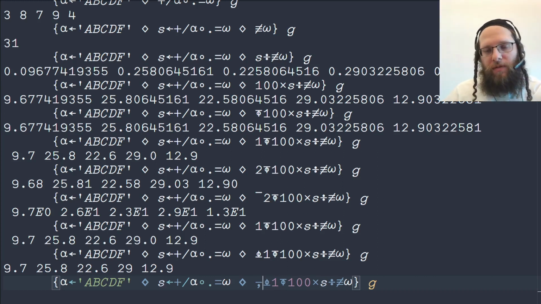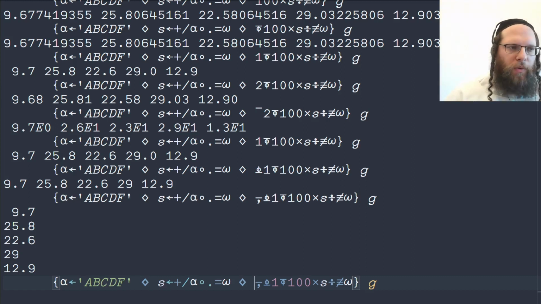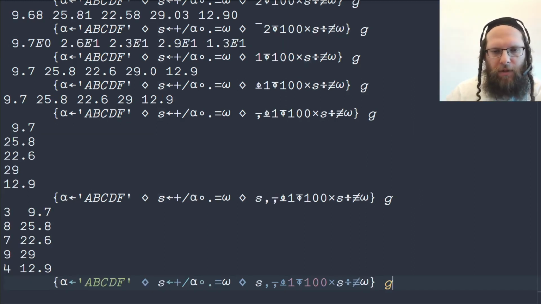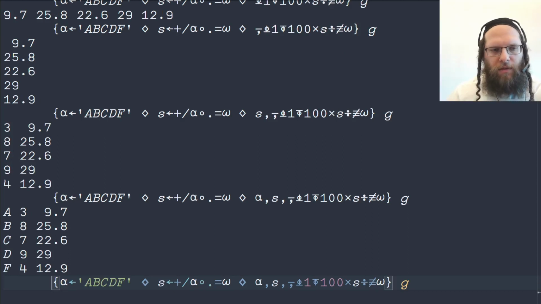We can use the table function to create a table from a vector. So here we get a column vector or single column matrix, and with that we can concatenate it together with the sums or the counts of each one. And finally, we can concatenate on the far left the letters themselves, and this solves the problem.